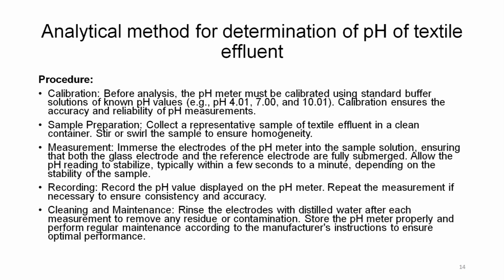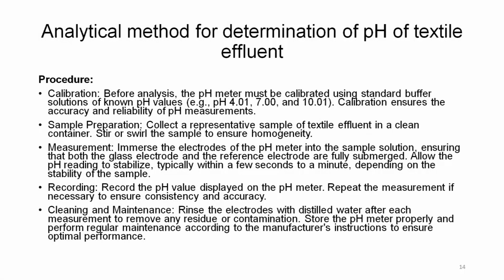It has a very simple procedure, but yet one has to learn how to actually calibrate the pH meter. From time to time, if the pH meter is not calibrated, it may not give an accurate result. So, the procedure we will go through.